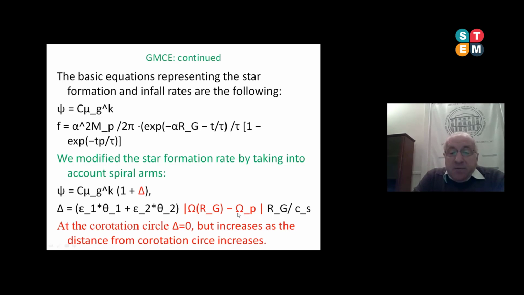So this means that at the corotation circle, when delta is equal to 0, we have only this star formation presentation. So delta is 0. But if the distance increases from the corotation circle, the contribution of this term increases, of course.